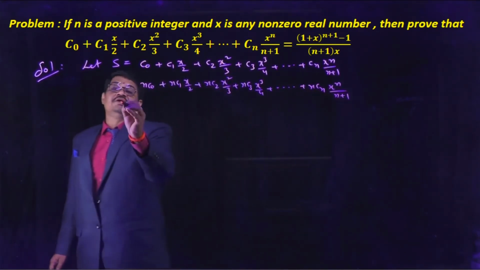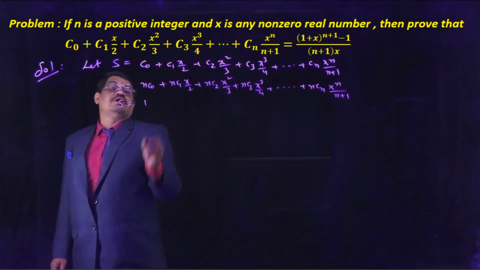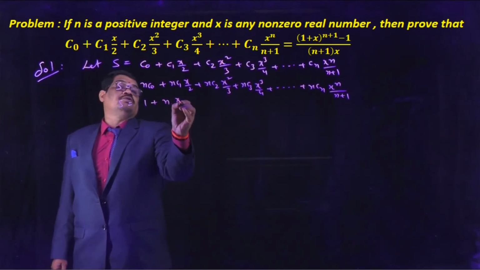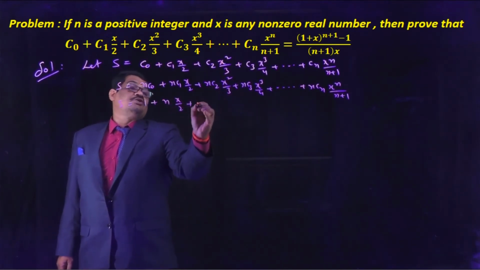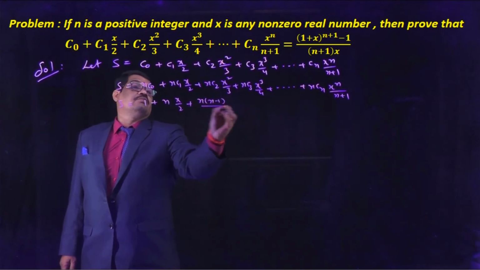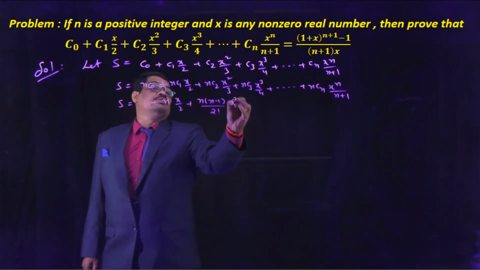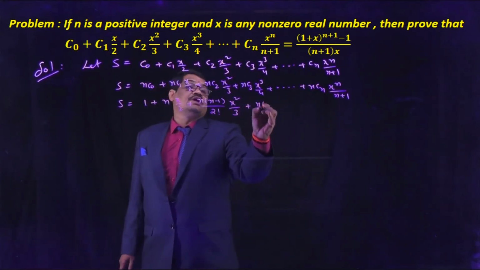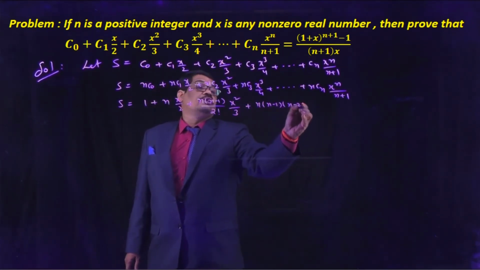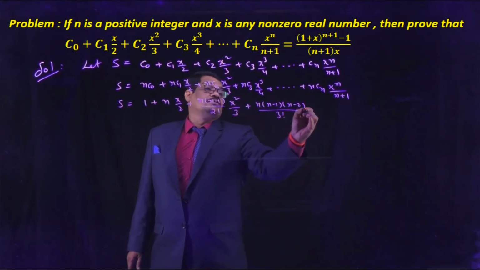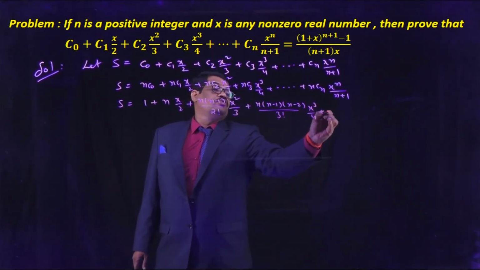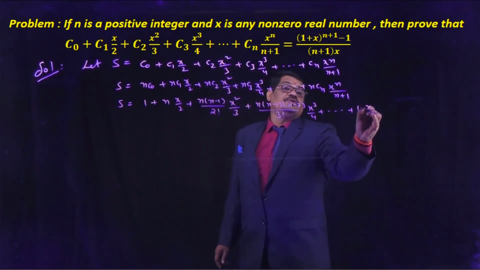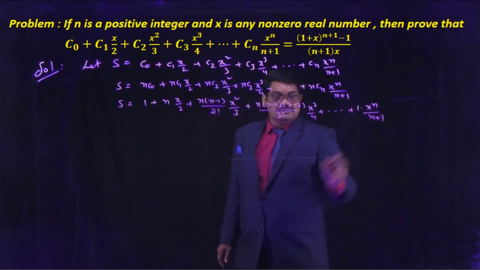Now we are writing their values. nC0 value is 1. nC1 value is n into x by 2. Here nC2 value is n into n minus 1 by 2 factorial into x square by 3. Next, nC3 is n into n minus 1 into n minus 2 by 3 factorial into x cube by 4 and so on. nCn value is 1 into x to the power of n by n plus 1.